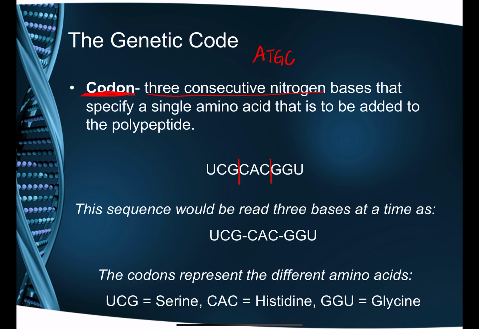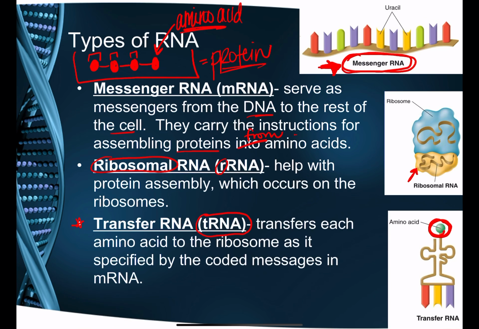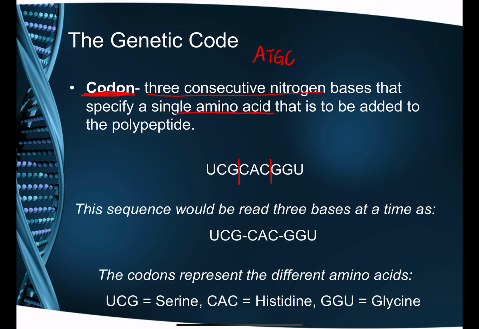And 3 bases code for a specific amino acid to add as a pearl, right? To add to our protein that's being grown. So, here, when we read these sequences, we would divide it up. We would read UCG, CAC, and GGU, 3 bases at a time.